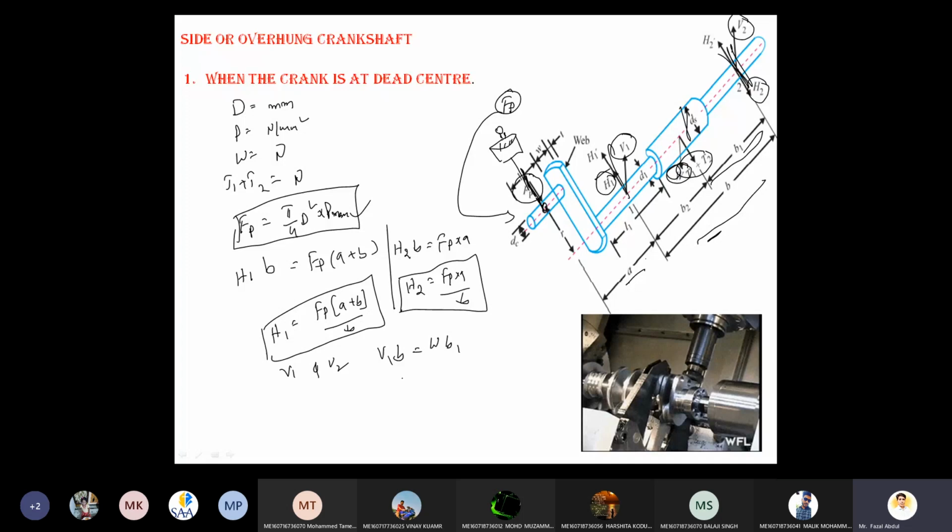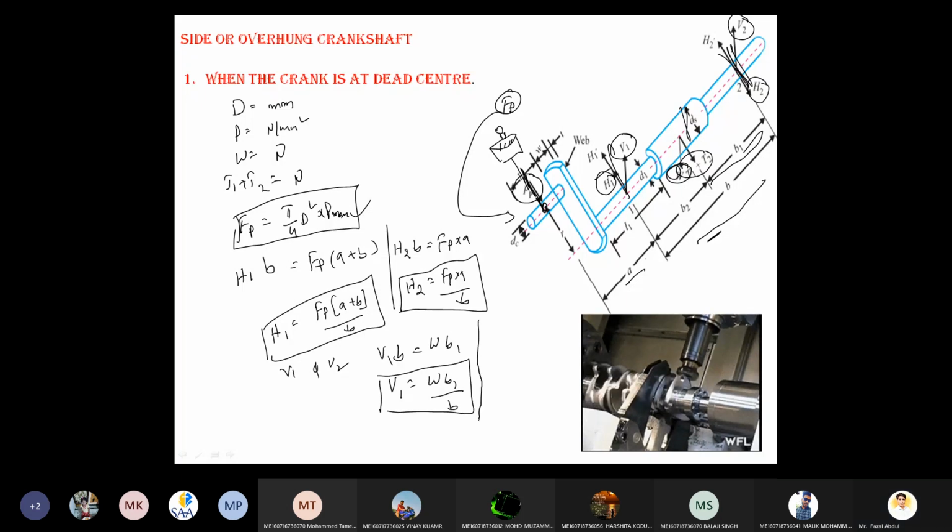So V1 equals W into B1 by B. In the same manner, V2 into B equals W into B2, that is V2 equals W B2 by B.